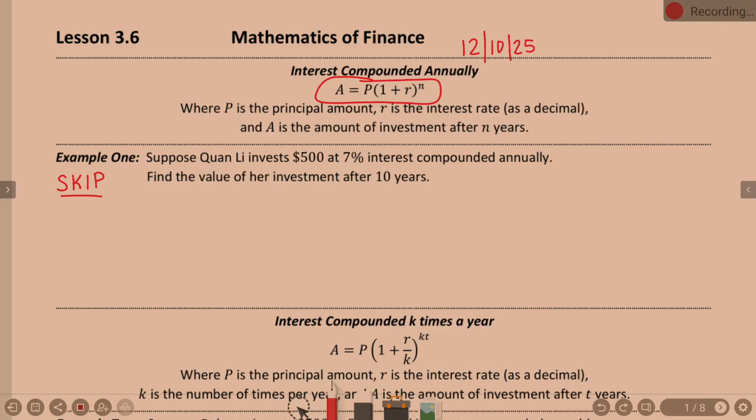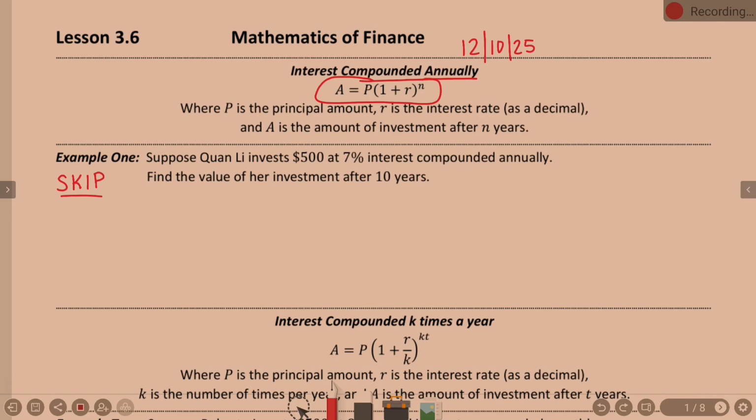Times 1 plus R. R is the interest rate, of course, expressed as a decimal, and N represents your years. Now, I'll be honest, I'm really going to kind of skip over this formula. I just wanted to hint at it. This formula only works when interest is compounded annually. How often is something done annually? Once a year. Okay, so this formula only works when something is done once a year.